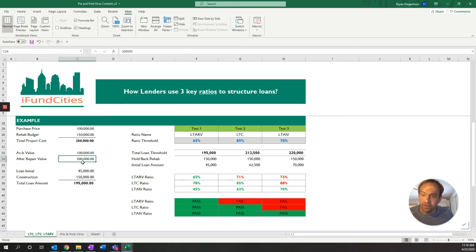Let's say it's $300,000. In that scenario, as you can see, it gets capped at threshold 1, which is the 65%. The total loan would be $195,000. Holdback amount would be $150,000. The initial day one loan amount would be $45,000 of your purchase price of $100,000.